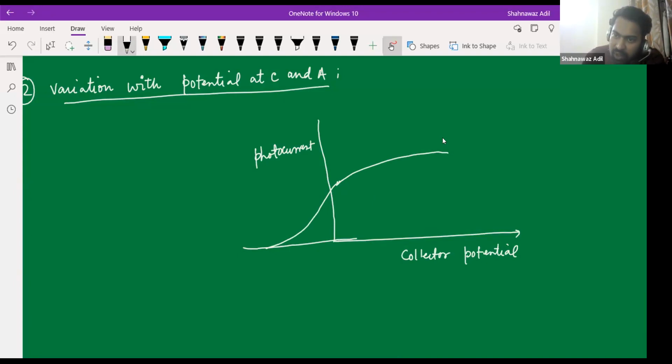And then the other variation is this, the other variation.